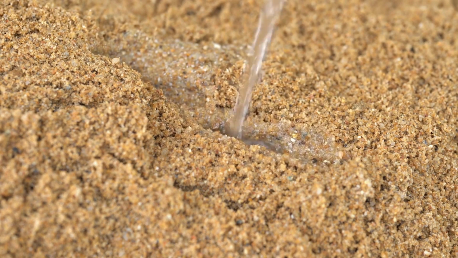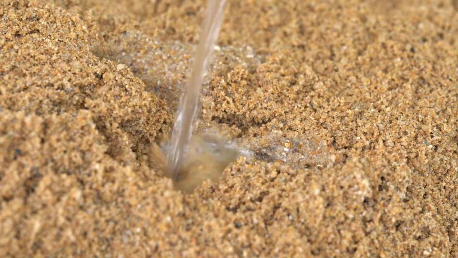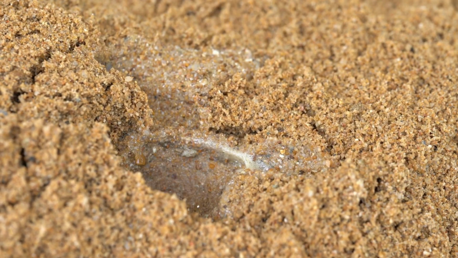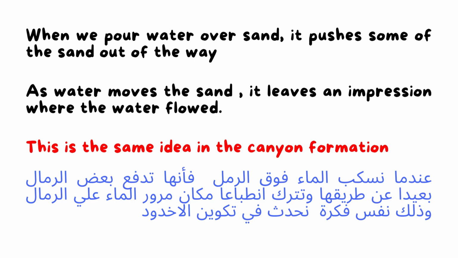As water moves the sand, it leaves an impression where the water flowed. We can see the impression on the sand and know that the water flowed from this way, okay?